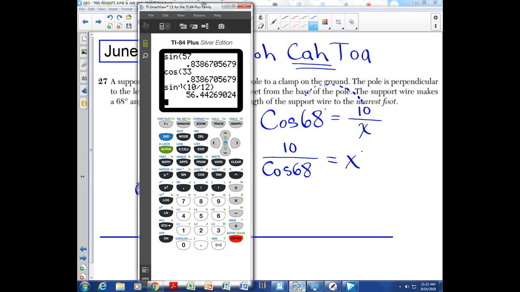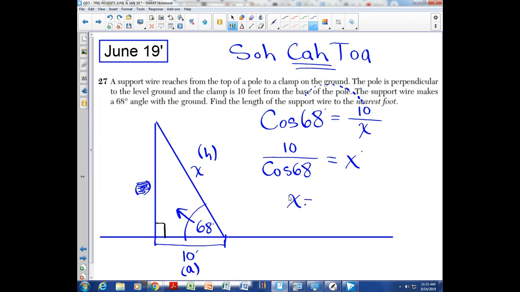So now I'm going to bring up my calculator and put in 10 divided by cosine 68 and hit enter. And we're going to get 26.69. Here it says to the nearest foot, so the nearest whole number, so that's going to round off to 27. So x will be equal to 27 feet.